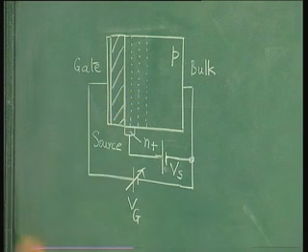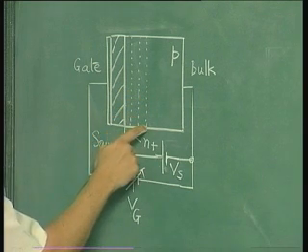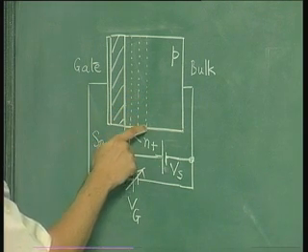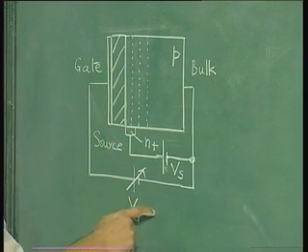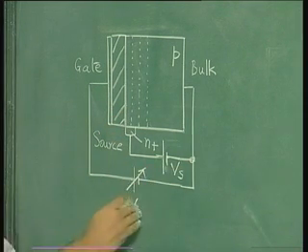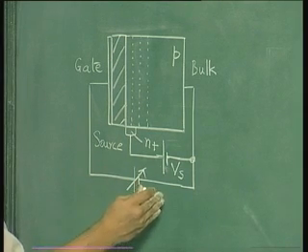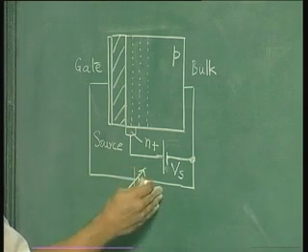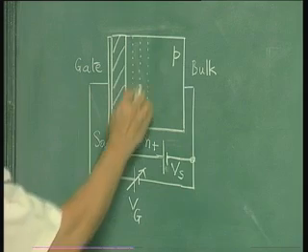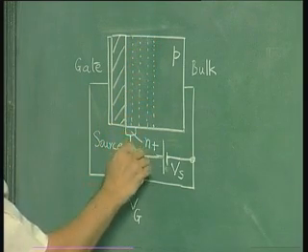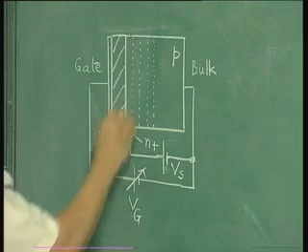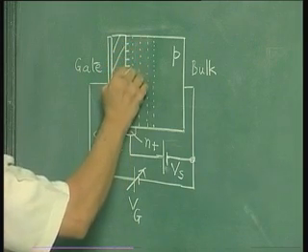Now what is important is this will continue to expand until you reach Vg equal to the Vt taking into account the effect of Vs. So that will be a larger Vt than the Vt that you had for Vs equal to 0. So this will continue until that point, and then an inversion layer will appear here.